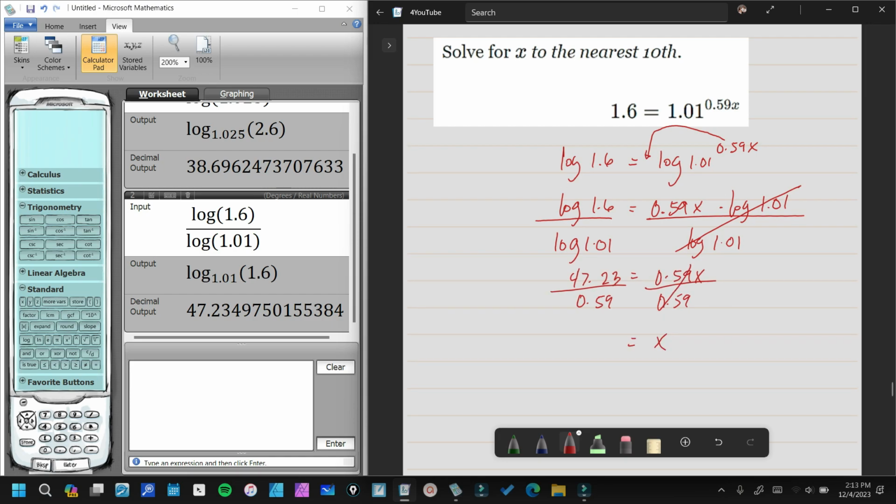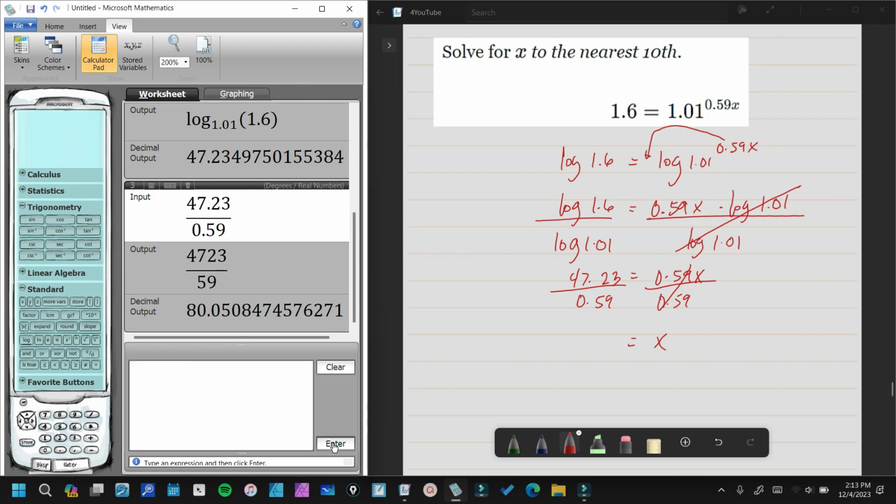All right, so 47.23 divided by 0.59. So 80.01 is our answer, or 80.1 rather. Okay, there you go.